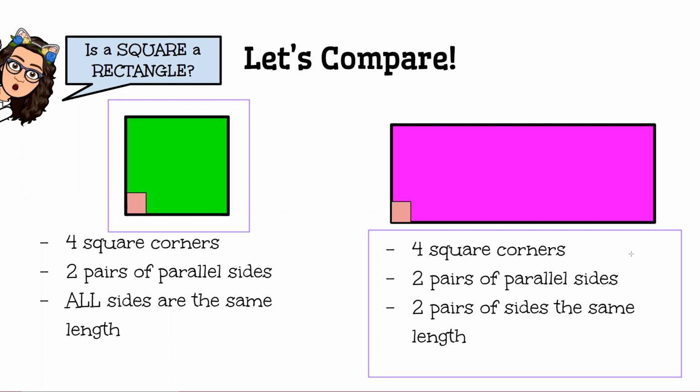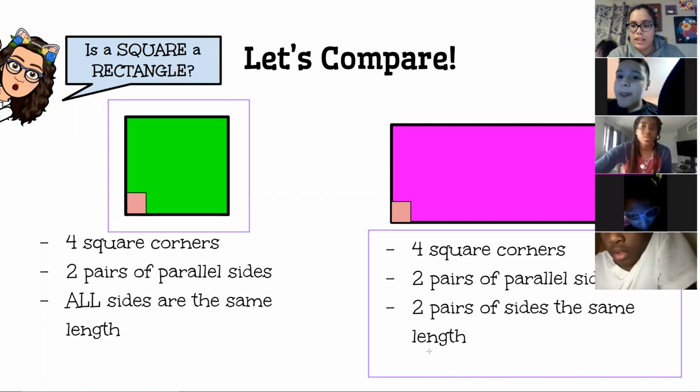So you need to ask yourself, does it have 4 square corners? Does it have 2 pairs of parallel sides? Does it have 2 pairs of sides the same length? Then give me a thumbs up or thumbs down. Yes or no. Thank you, Elena.